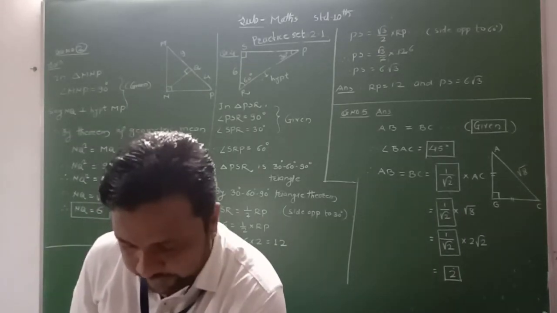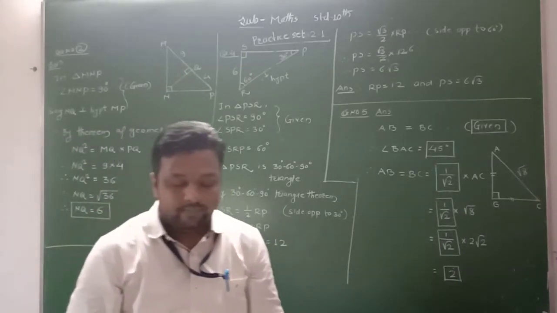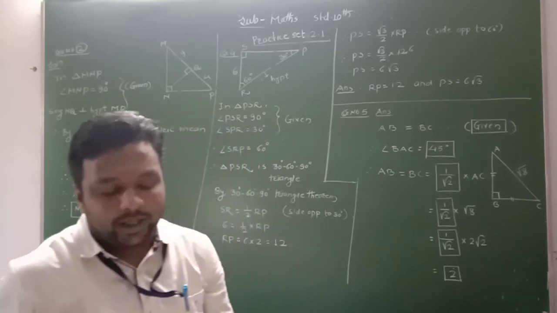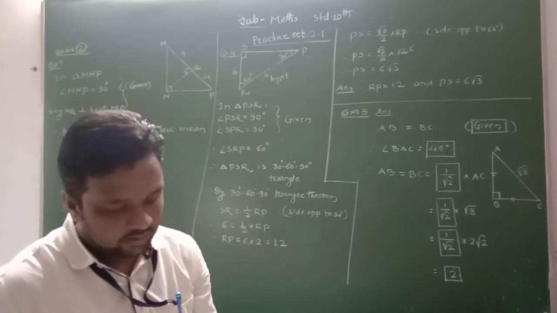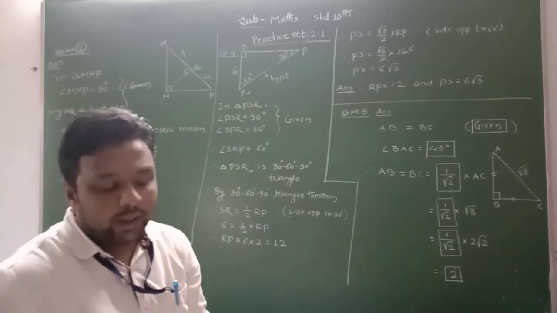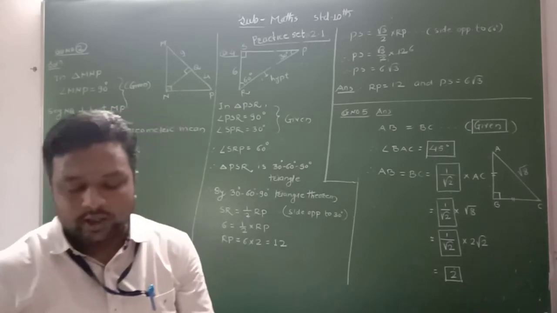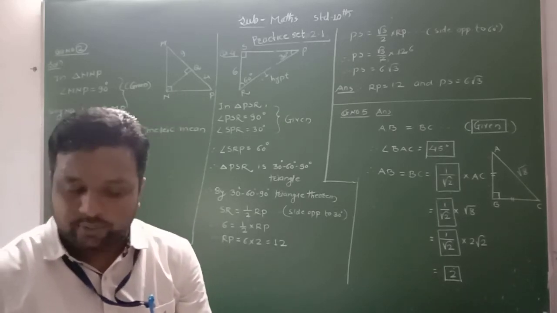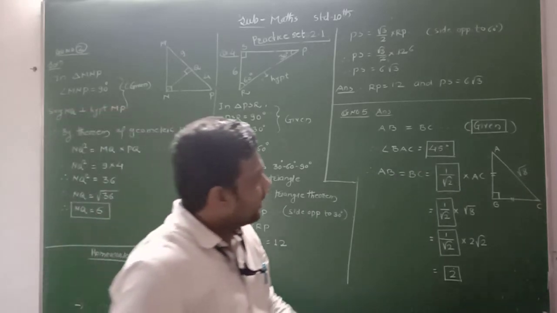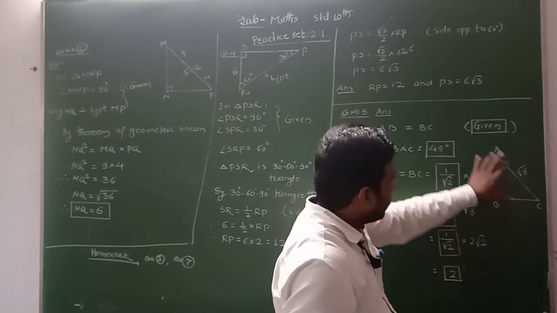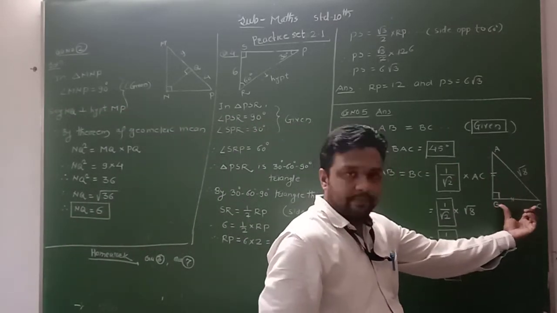Question number 5. An activity is given for finding AB and BC with the help of information given in the figure. Complete the following activity. The figure is given in triangle ABC. AB is equal to BC.